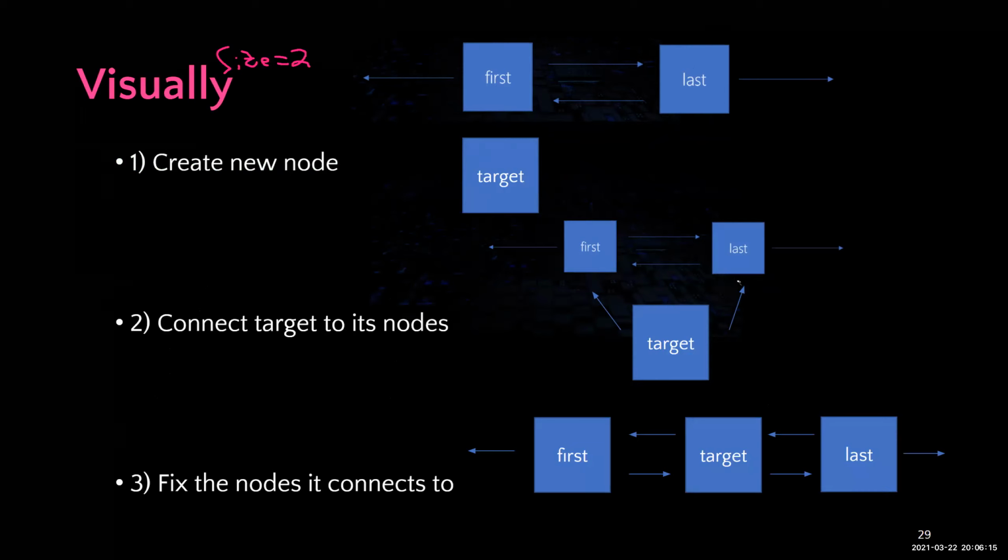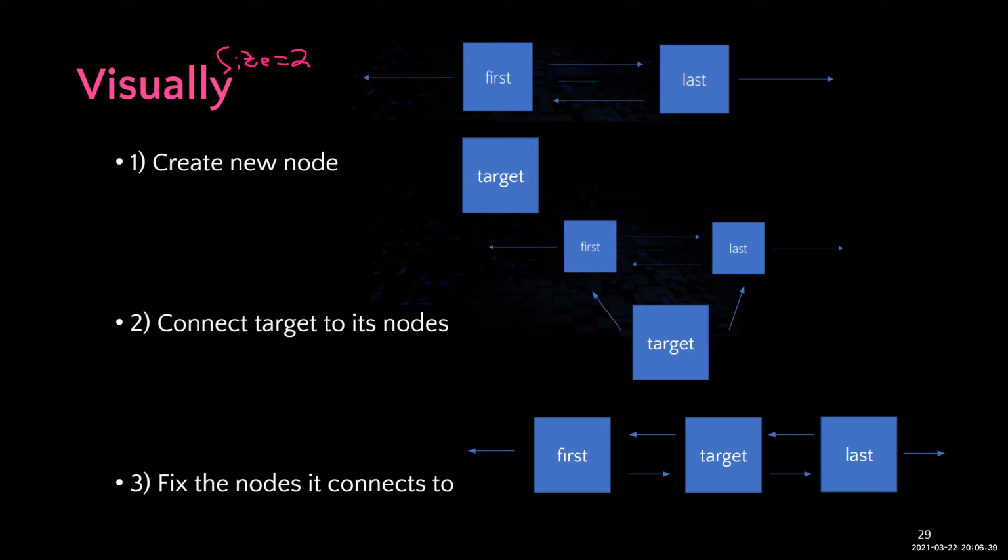How can we actually do this reliably? Well, we know that we're inserting target between first and last in this case, right? Because our list is of size 2. What we do is have target next point to the iterator we passed in, because we want to insert target before our iterator. So before implies that the next thing after target should be the iterator we passed in.